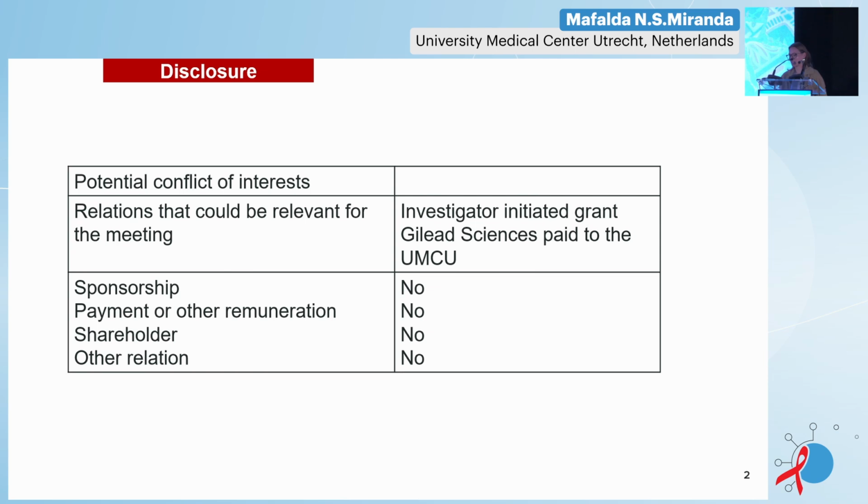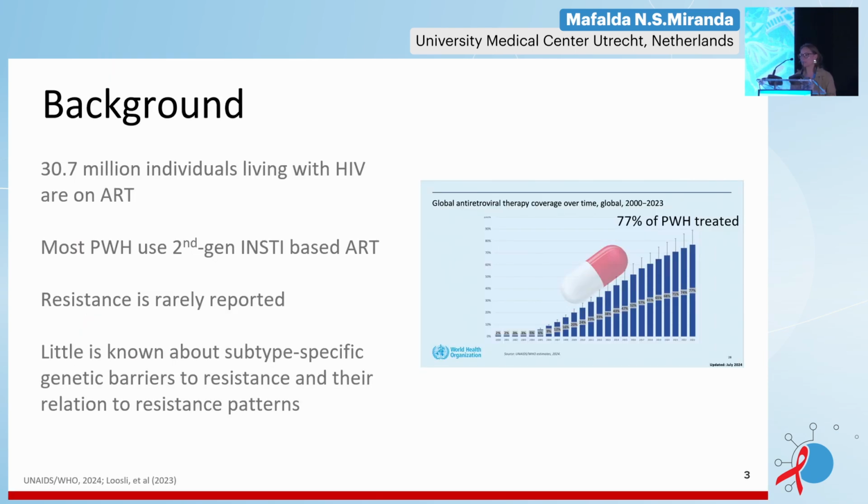These are my disclosures. So, for a little bit of background, we all know that 77% of people living with HIV have been treated with antiretroviral therapy. Most use second-gen integrase strand transfer inhibitor-based antiretroviral therapy.